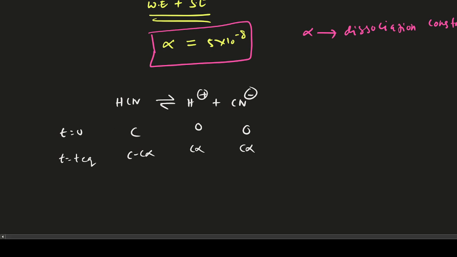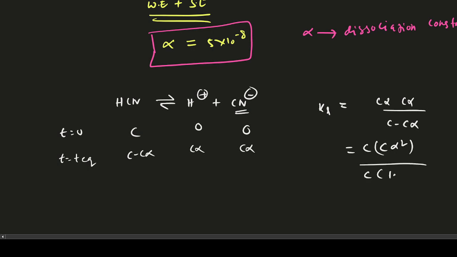So Kd is equal to the concentration of products divided by the concentration of reactants. That is C alpha times C alpha divided by C minus C alpha. Since we have not added any strong electrolyte, only CN- from the dissociation is present in the solution. So this will be C alpha square, and in the denominator C times (1 minus alpha).